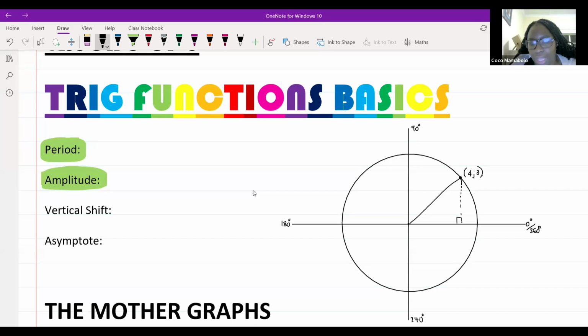The value from here to there is the x coordinate, which is equal to 4, and the distance from there to there is y, which is equal to 3. Now, this has a radius r.